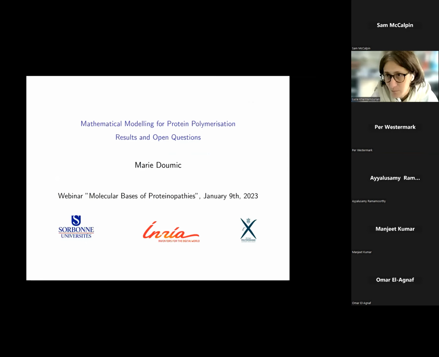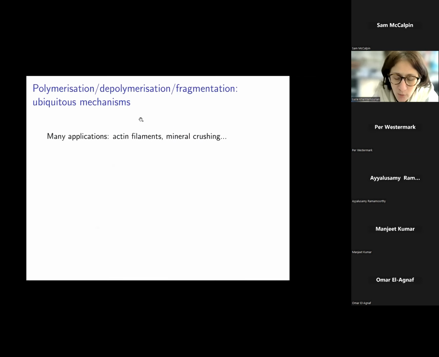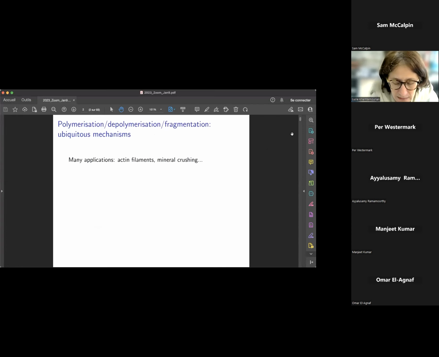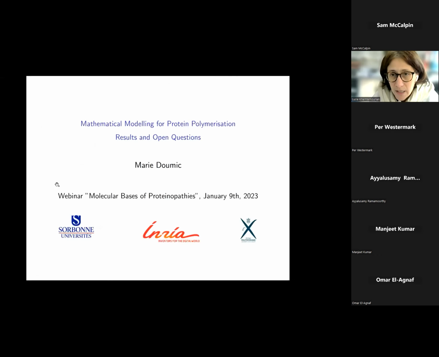Since the beginning of this year, she created a new team at École Polytechnique next to Paris also, and the group name is MERGE, for Mathematics for Evolution, Reproduction, Growth, and Emergence. Her research domain is mathematics applied to biology, and mainly she's working a lot on protein aggregation, and that's the reason why we invite Marie today, to talk about how mathematics could help us answer some questions about protein aggregation.